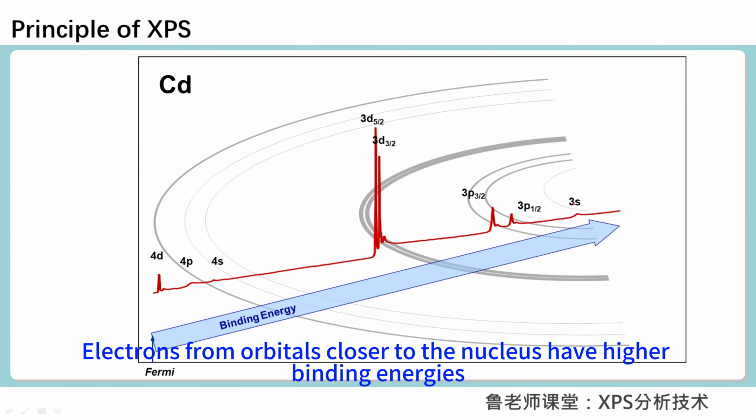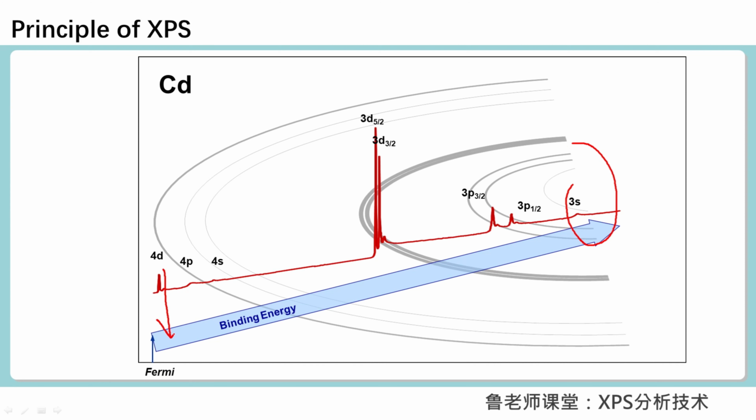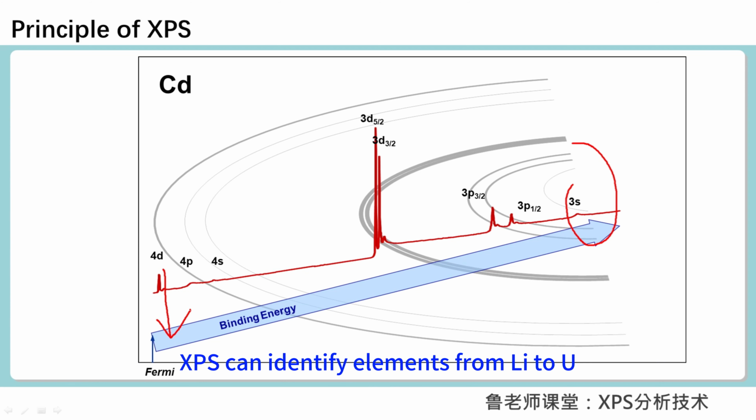Electrons from orbitals closer to the nucleus have higher binding energies, while those further away have lower binding energies. Therefore, an element can exhibit one or more peaks in the XPS spectrum. XPS can identify elements from lithium to uranium.